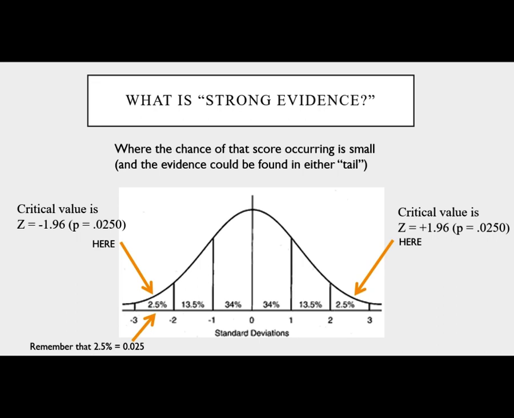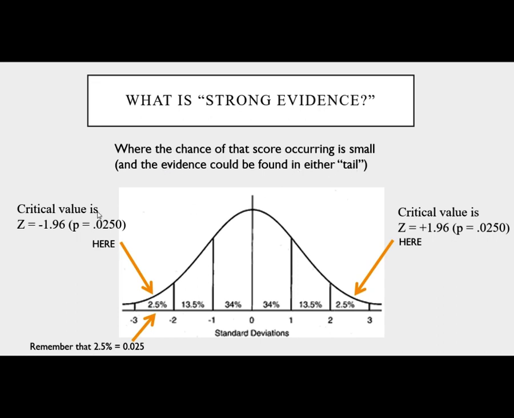And we have said, arbitrarily, that I can accept 95% of it would be due to chance. But if it's in that 5% chance, if it landed in that area, I'm going to accept that as enough evidence to prove him guilty, or prove that we can reject the null hypothesis. And so what are the chances that the score occurring is small, and the evidence could be found in either tail?